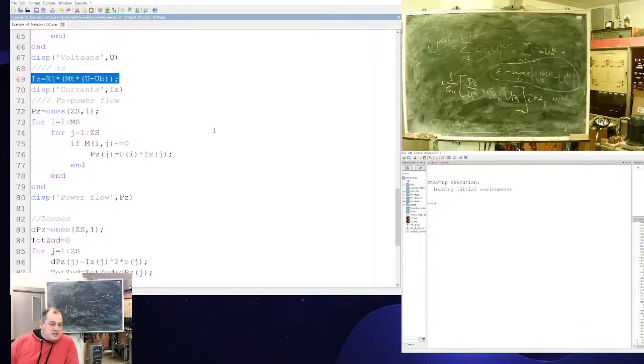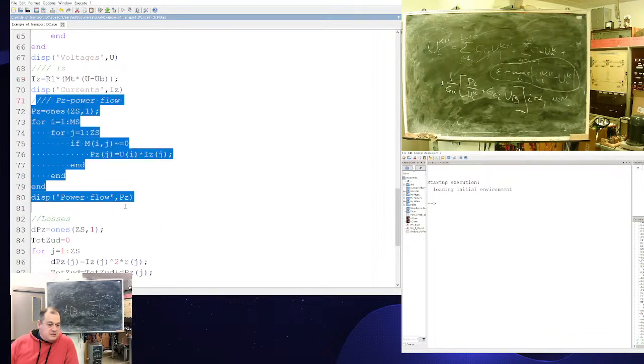Branch currents by Ohm's law. Very easy. Next part. This part is for power flow.